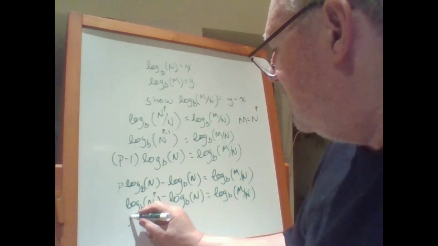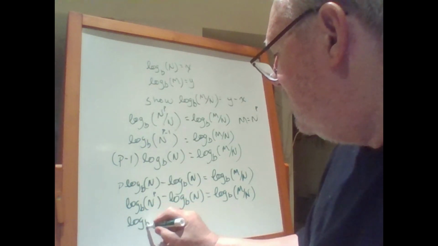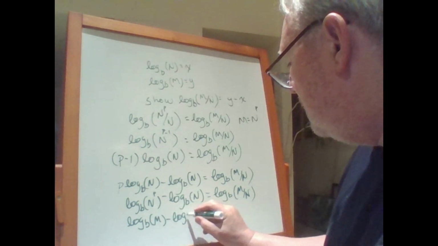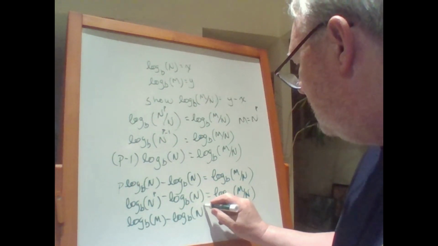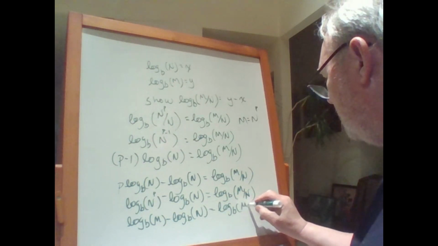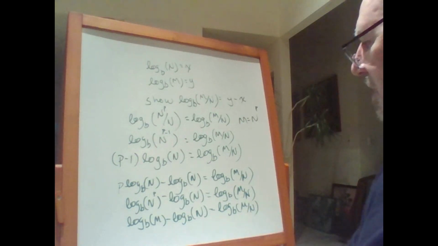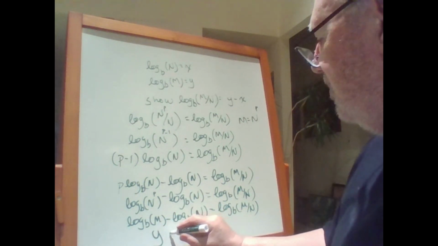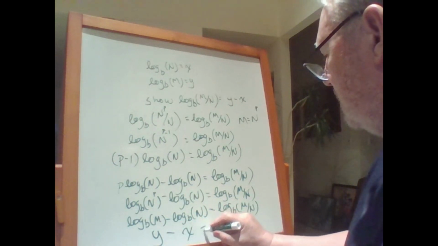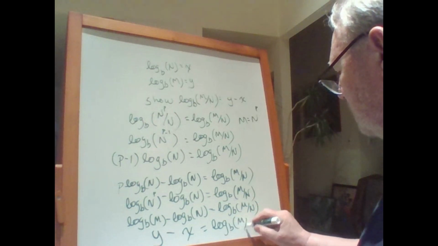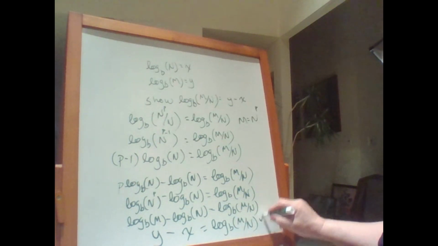This is log b of m minus log b of n equals log base b of m slash n. But that is y minus x equals log b of m slash n, and we've proven it.